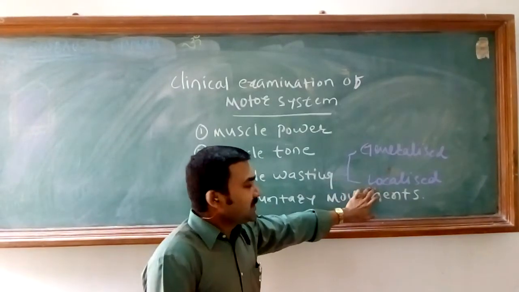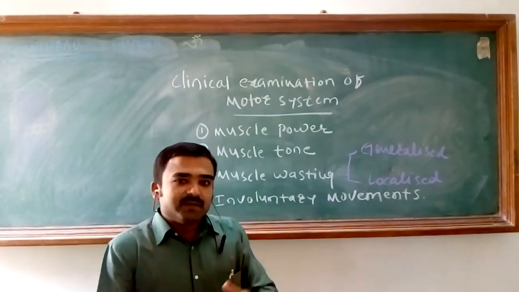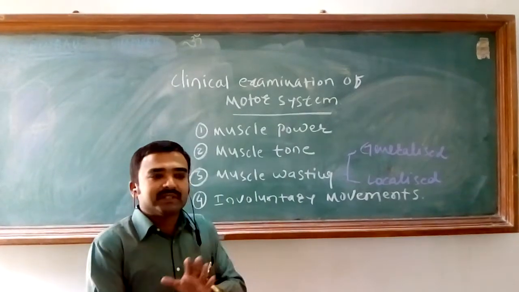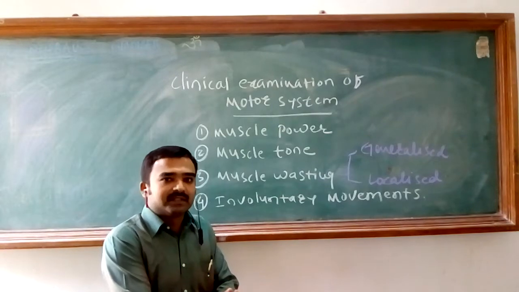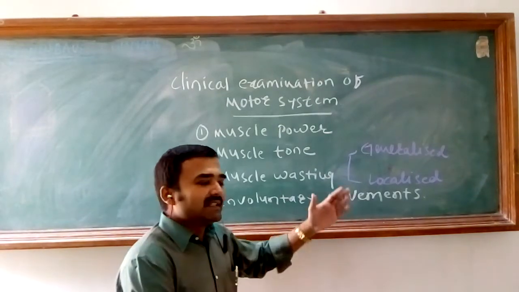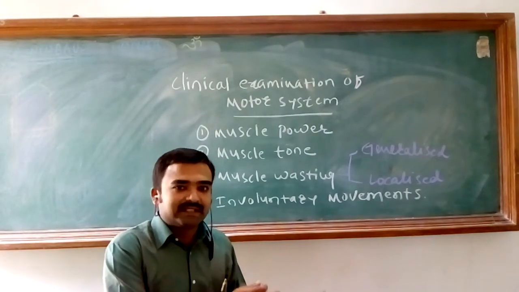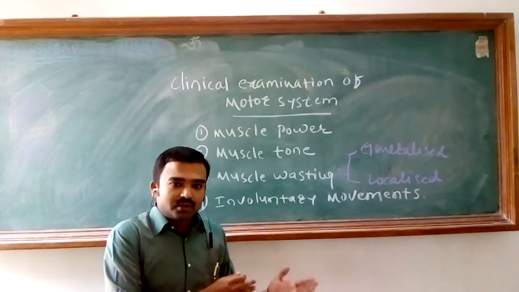When it comes to localized muscular wasting, you have to compare one limb with the other limb. For example, if you are examining the right hand of the person, you have to compare the muscle with the left hand also, and then see whether the muscles are atrophied or not.